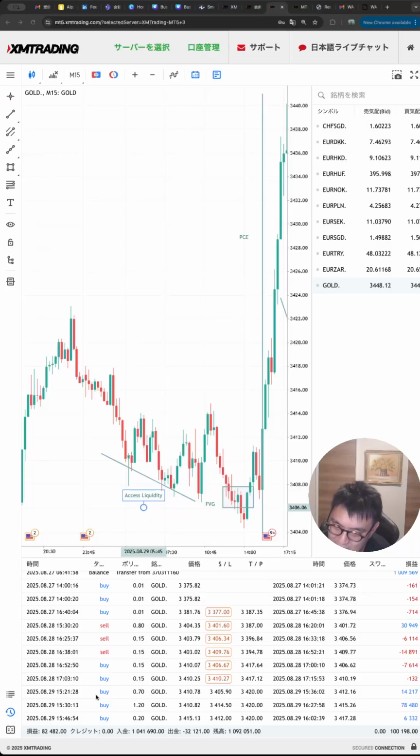I cannot call it perfect, but it's not bad, right? The first one made about 40,000, the second one 78,000, and the last one 6,000 Japanese yen. So in total, nearly 100,000 yen profit in 1 day of trading. So what happened there? I will show you the example here.